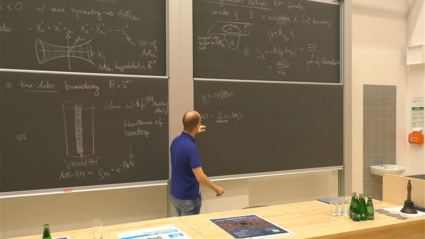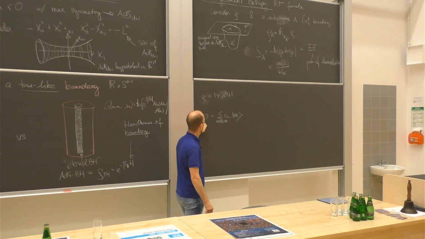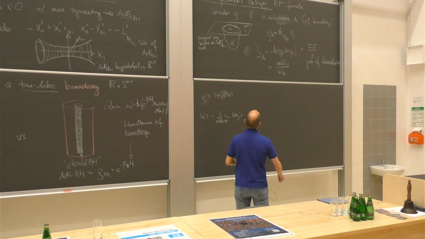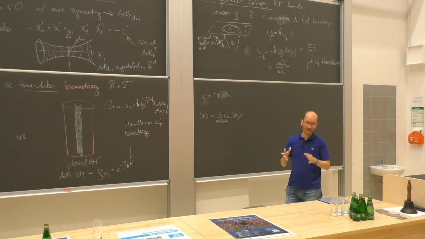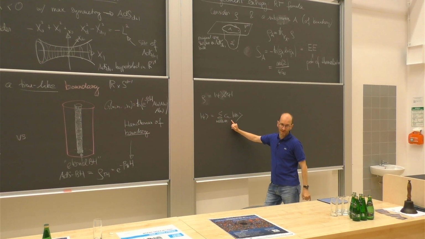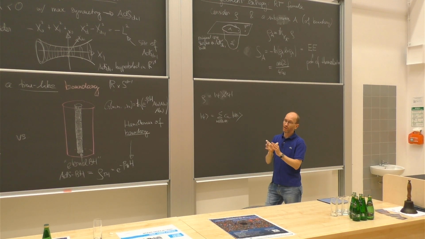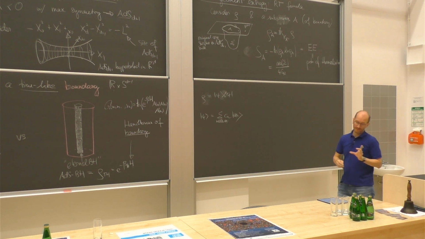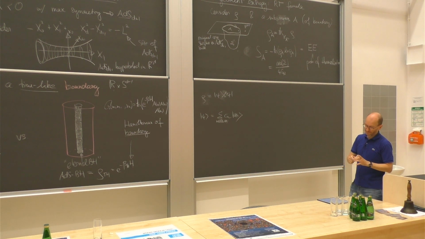And now if I look at the dynamics of this, I want to see that this system approaches, as time progresses, a thermal state. I said already when I talked about ETH that the best way of thinking about it is that I look at some local observables, non-extensive observables that might be confined to a particular region.